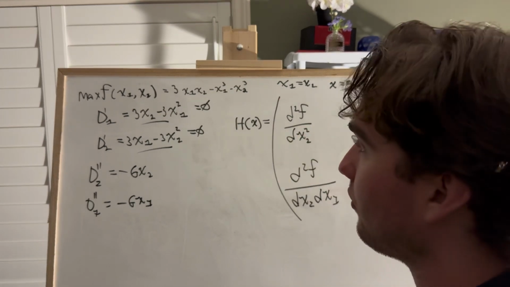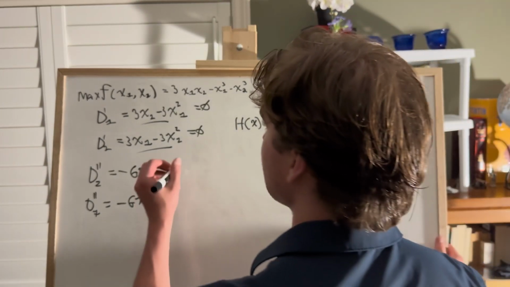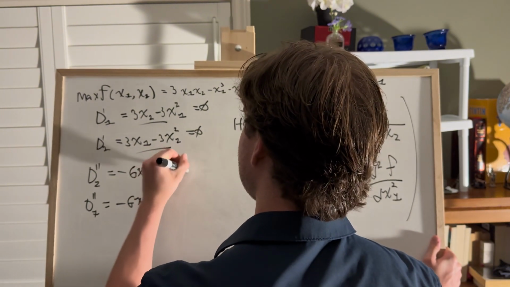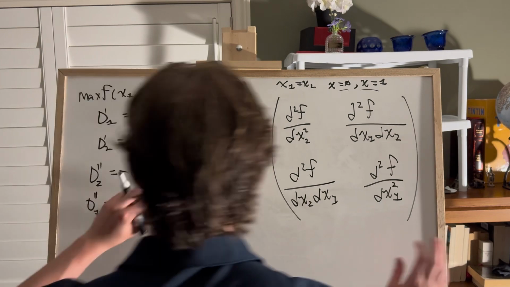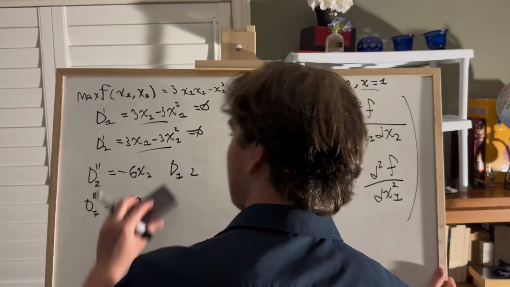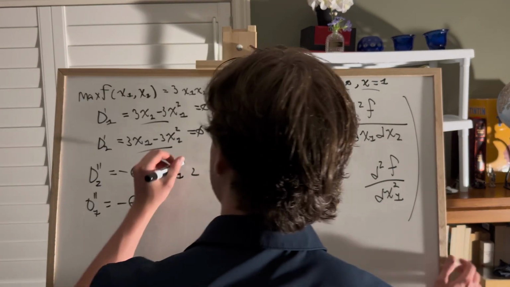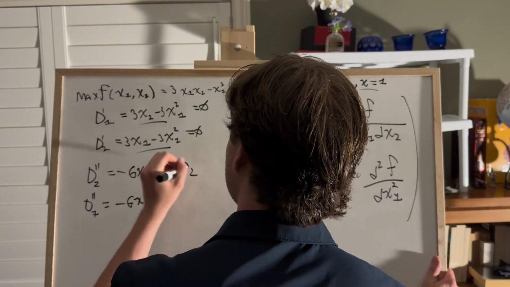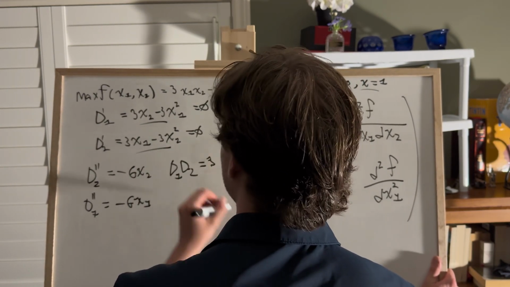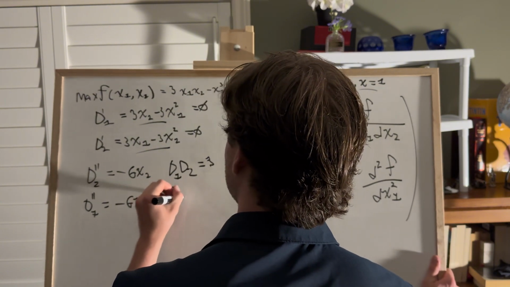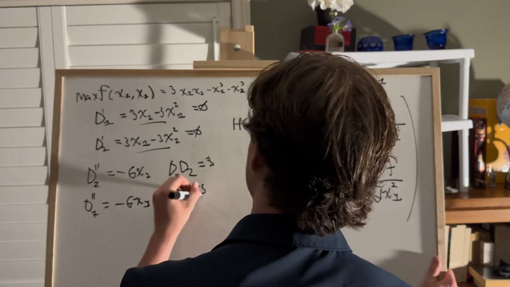Well, the answer is just 3, right? So I guess D1, D2 would be, that looks like a 0 or an O or something. I know this is a stupid notation, but I'm tired. It's 3 a.m. It's 3, and then D2, D1 is also 3.